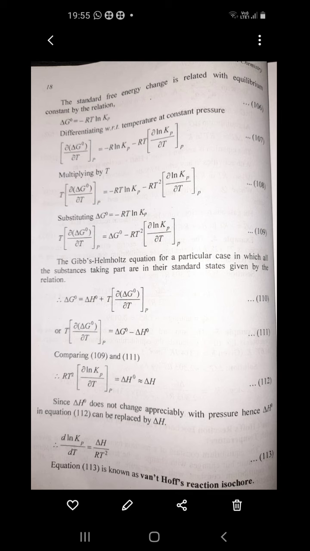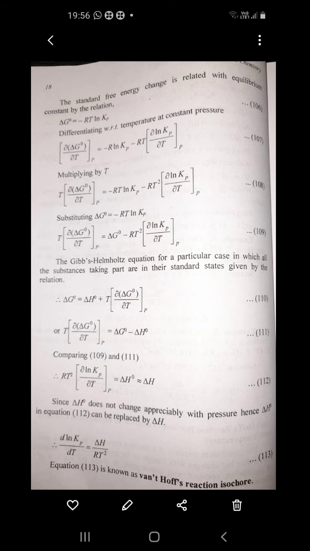So equation 113 is called the van't Hoff reaction isochore. Okay, everybody understood that? Again, this is a very important equation from the examination point of view.